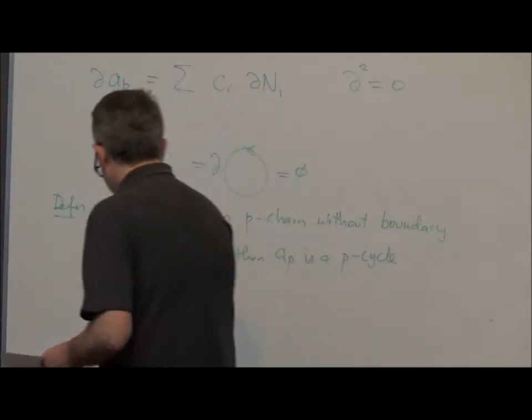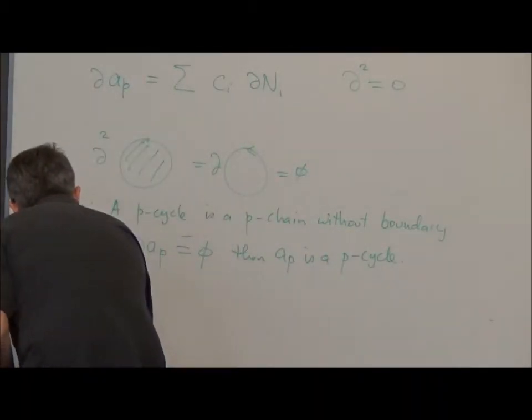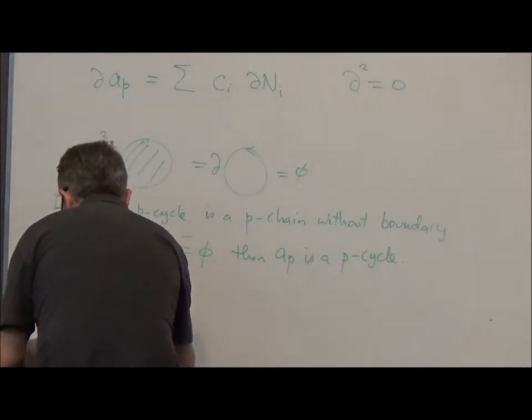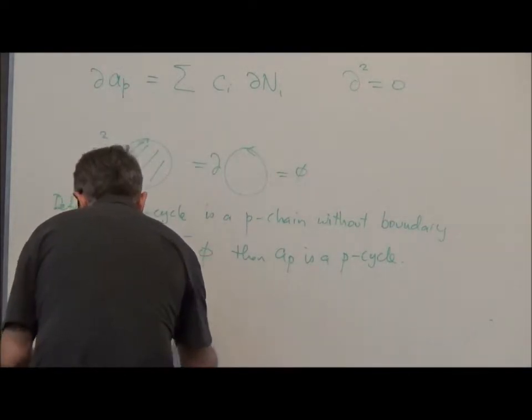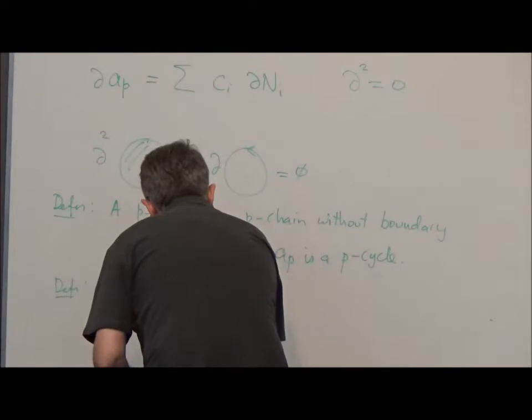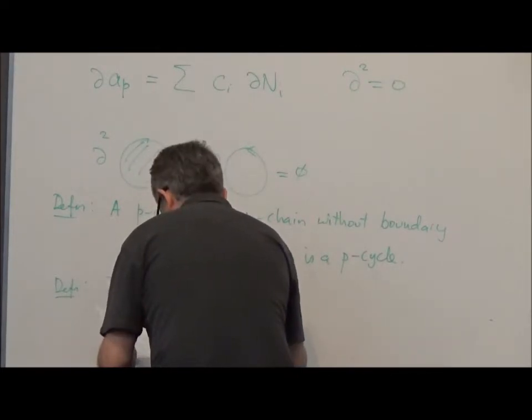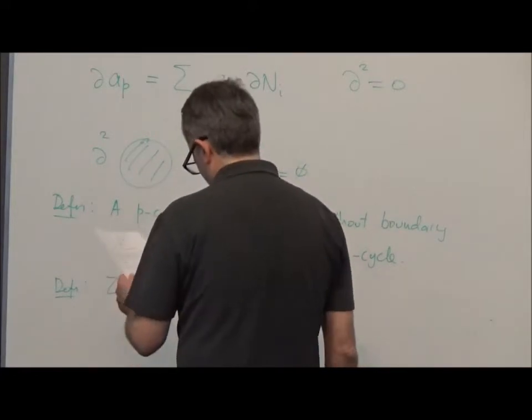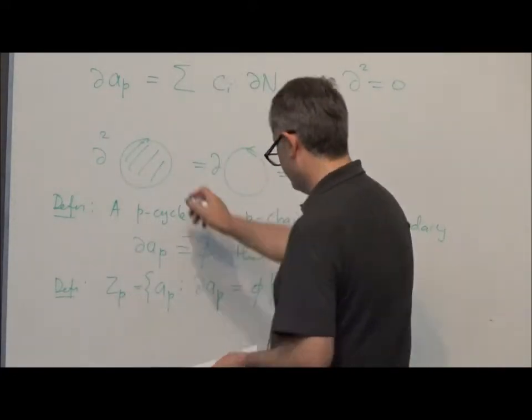So another definition. Z_P is the set of A_P such that dA_P is empty. That's the cycles.